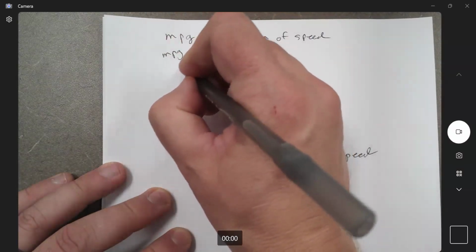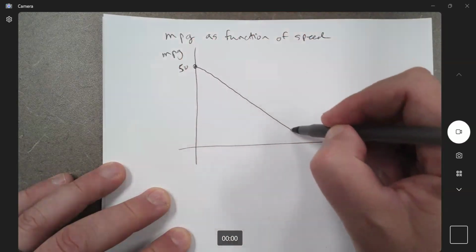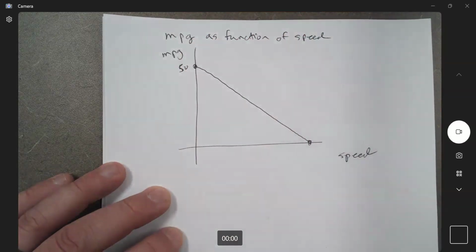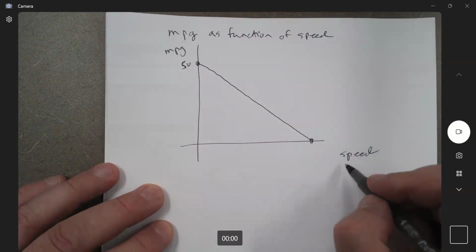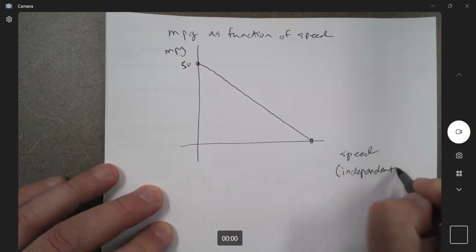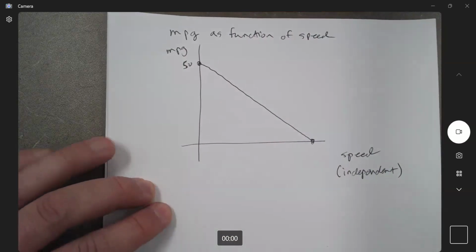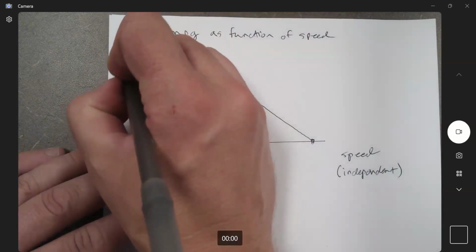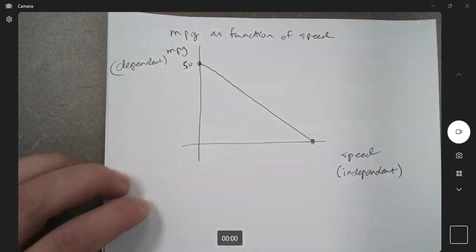It starts at 50, and it loses miles per gallon as my speed increases. So again, we can identify the independent variable almost always going to be on the horizontal axis, the x-axis, and the dependent almost always on the vertical axis.